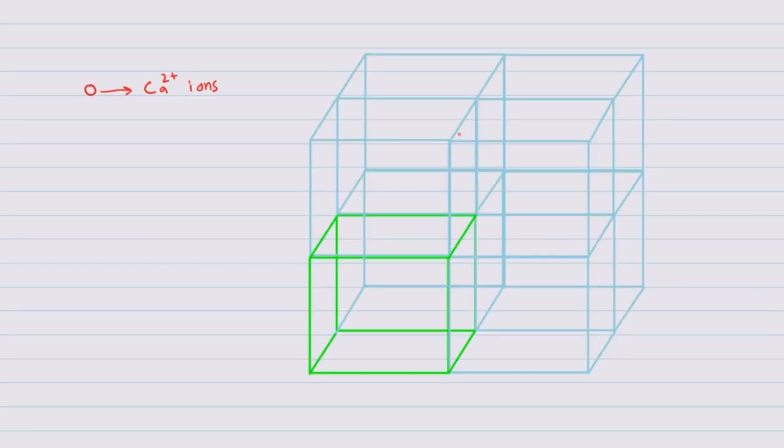So to find out how many fluoride ions surround calcium ion, we have drawn these 8 cubes. So now we will place calcium ions at the FCC position in a cube which is colored as green. So the calcium ion occupies all the corners and center of all faces. So at each face we have 1 calcium ion.